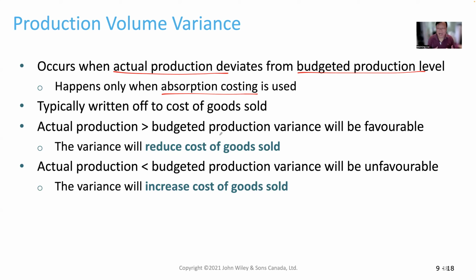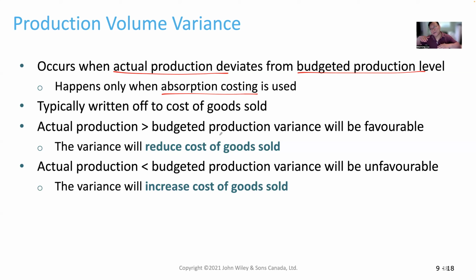When the actual production is less than the budgeted production, say you budget 100 units but in the end you only produced 80 units, you are 20 units short. That's bad news. That's unfavorable, so it will increase your cost of goods sold because your cost is higher.